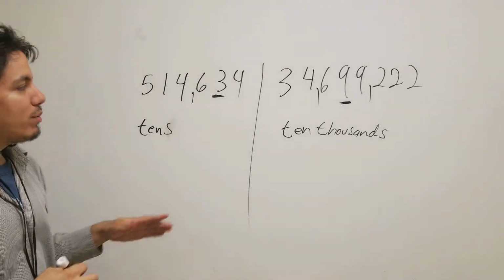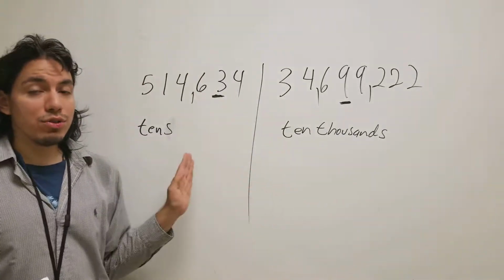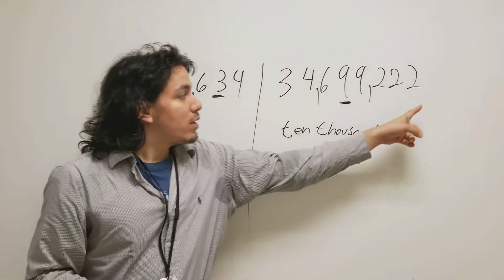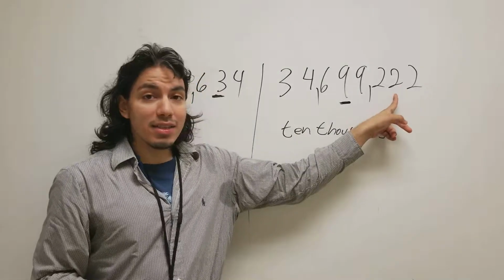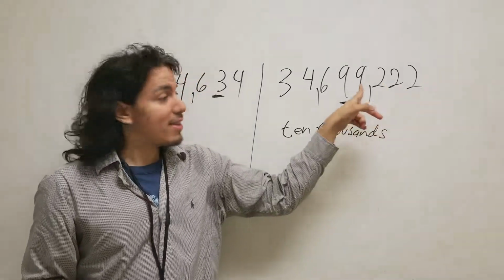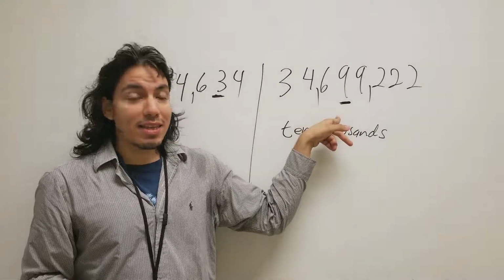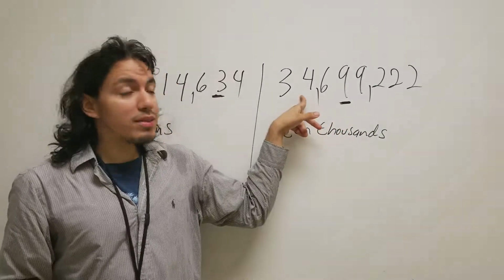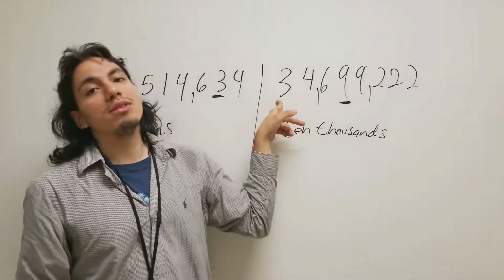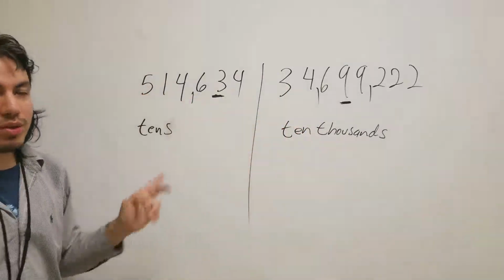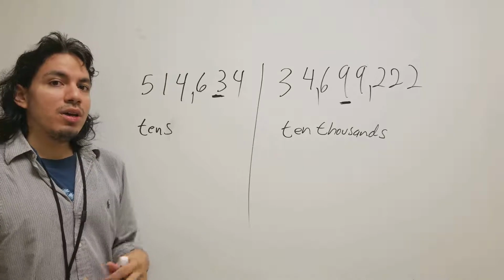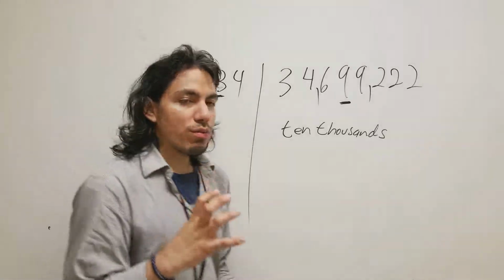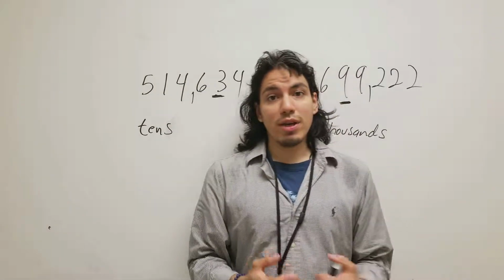So you want to be able to always remember how to do each one. Never forget: you got ones, tens, hundreds, thousands, 10,000s, 100,000s, millions, 10 millions, 100 millions, and then billions, and so forth and so on. So that's the idea of what you want to remember to do with place value, okay guys?